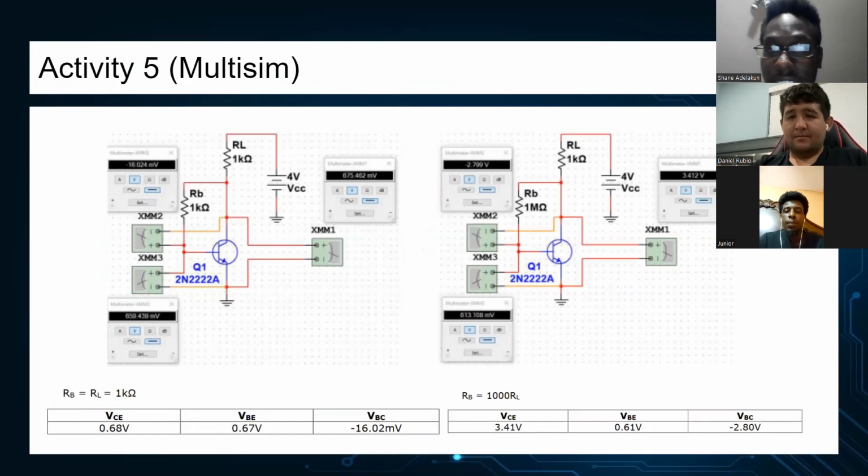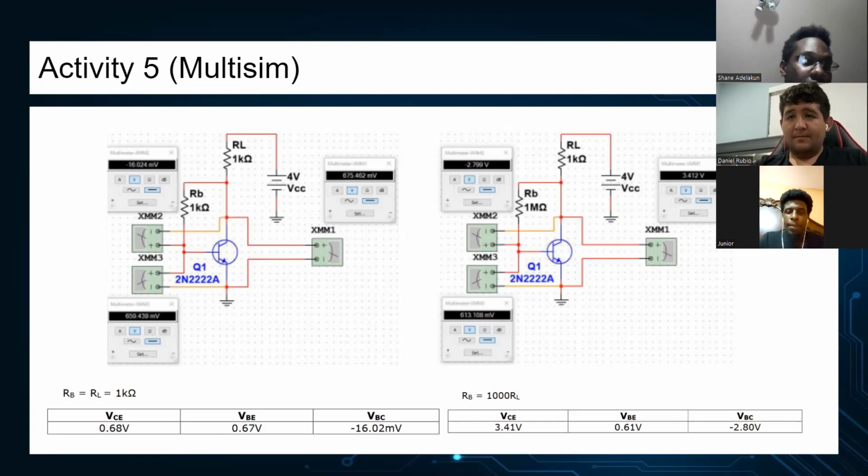And the other one to our right is negative 2.799 V, positive 613.108 mV, and then 3.412 V.